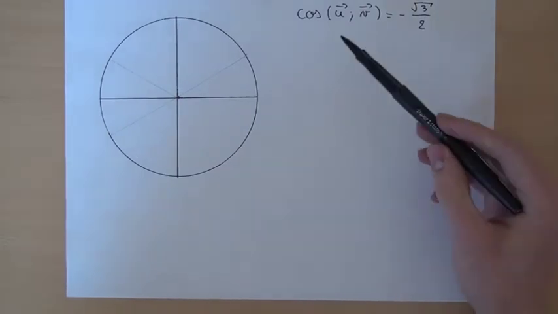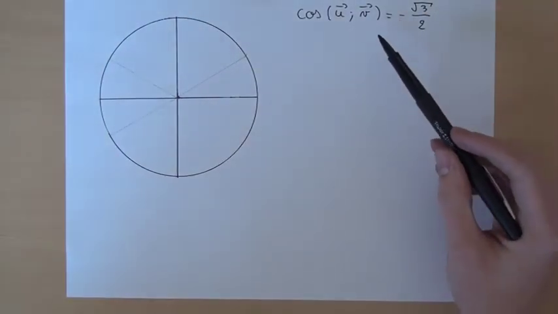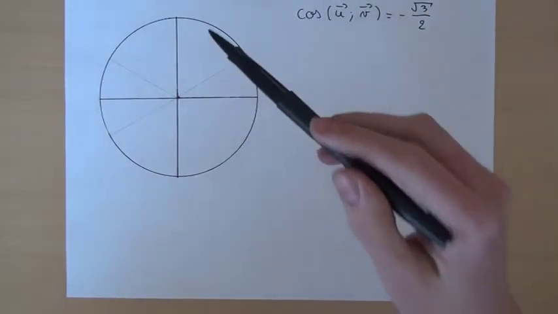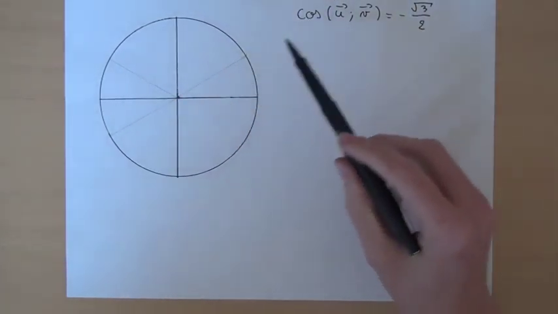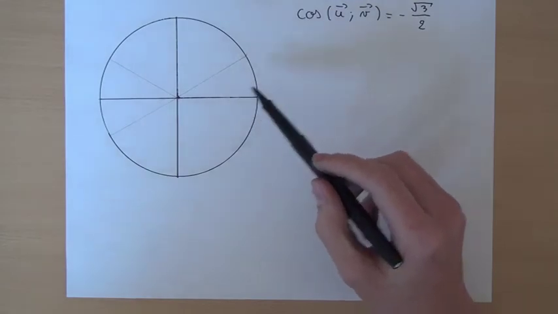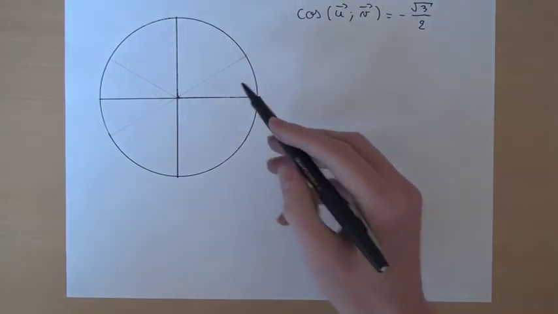Now that you know the cosine of uv, you use a trigonometric circle in order to see what the angle is.